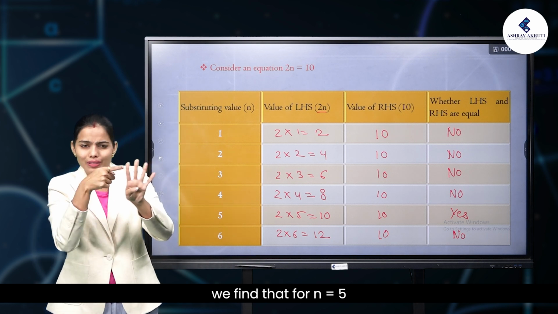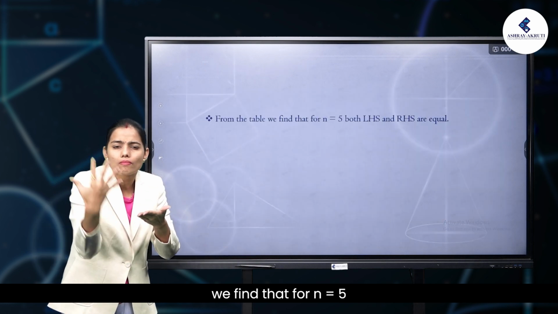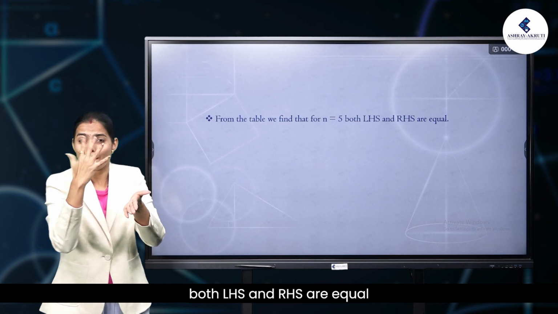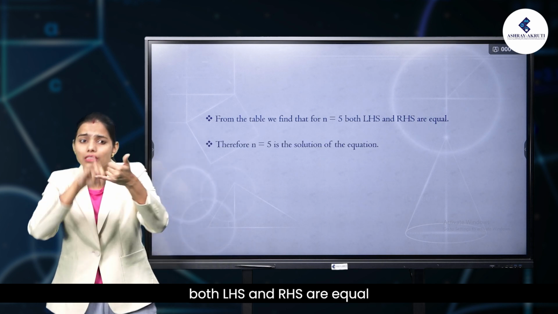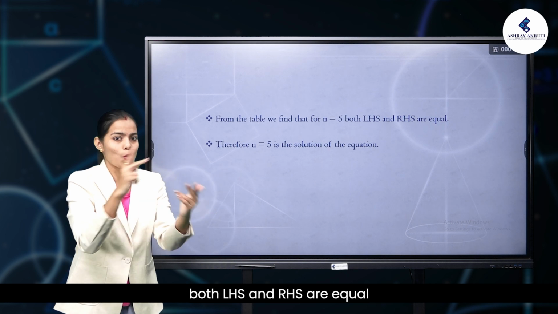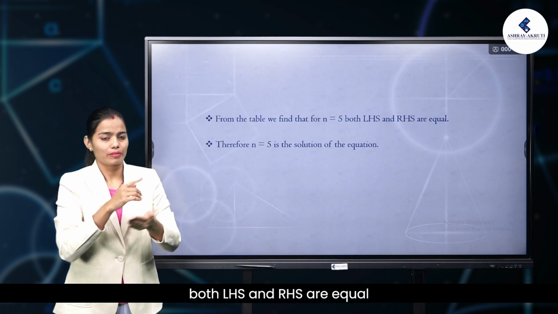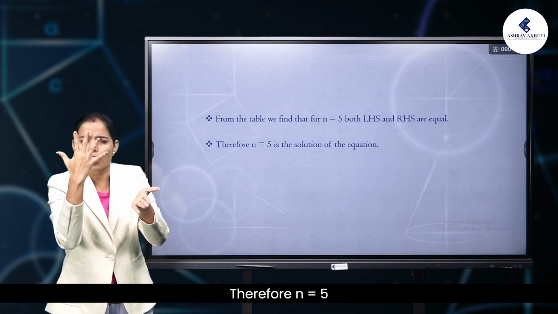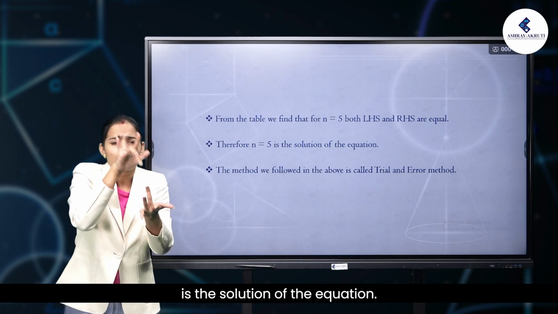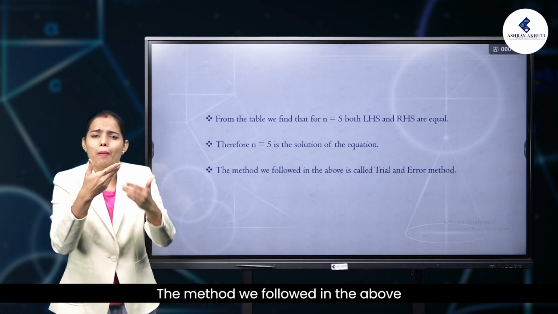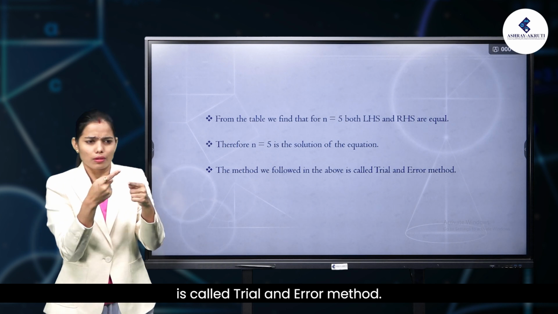From the table, we find that for n is equal to 5, both LHS and RHS are equal. Therefore, n is equal to 5 is the solution of the equation. The method we followed above is called the trial and error method.